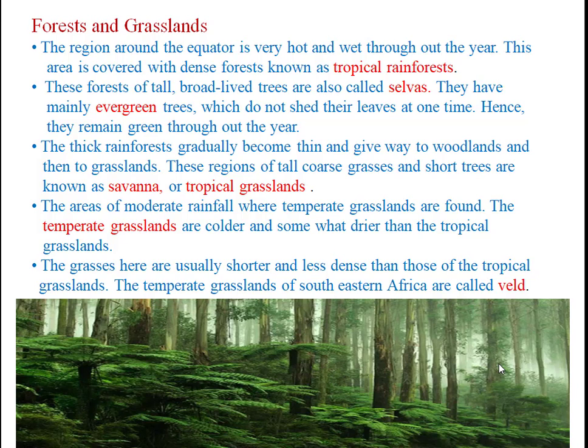The temperate grasslands are colder and somewhat drier than the tropical grasslands. Hence, the grasses here are usually shorter and less dense than those of the tropical grasslands. Trees are almost absent. The temperate grasslands of southeastern Africa are called veldt.